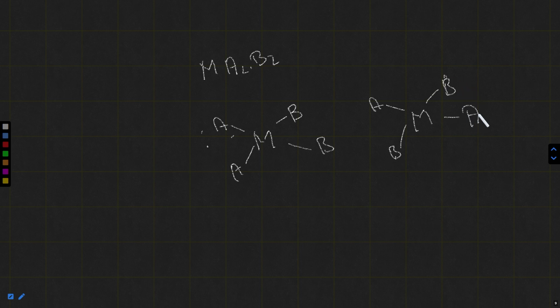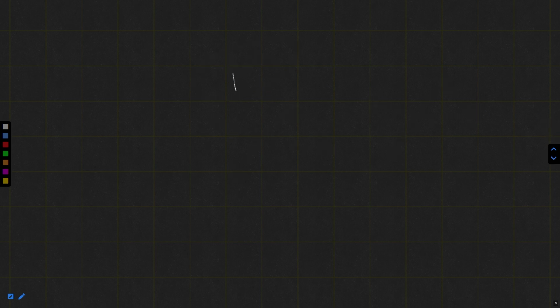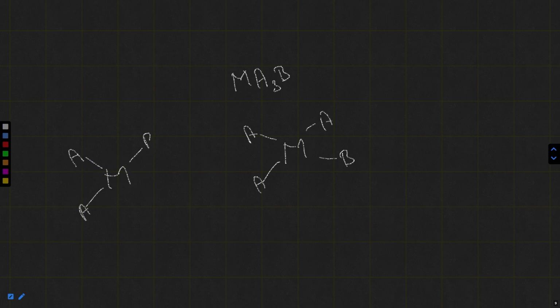Now for any other type of arrangement, suppose I am taking MA3B, okay, so this will not show any type of isomerism, right? So we have 3 A's and 1 B. Now you put B anywhere, you will get the same structure at last. Okay, so you just rotate it, you will get the structure.